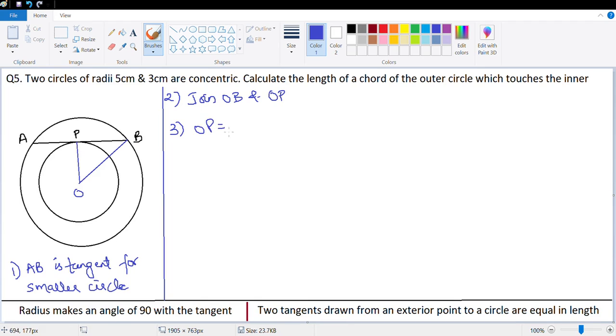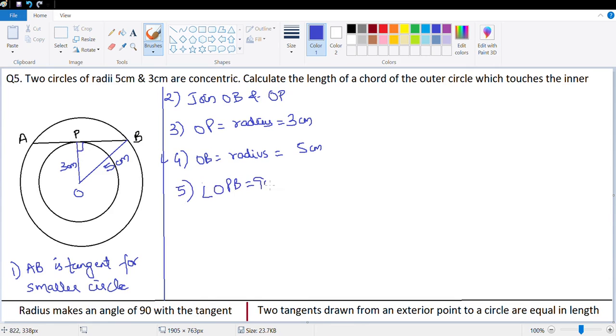Yes, we know OP is the radius of smaller circle, which is equal to 3 centimeter, and OB is the radius of the bigger circle, which is equal to 5 centimeter. So OB is 5 centimeter, OP is 3 centimeter. This obviously is 90 degree. The reason is angle OPB is equal to 90 degree.